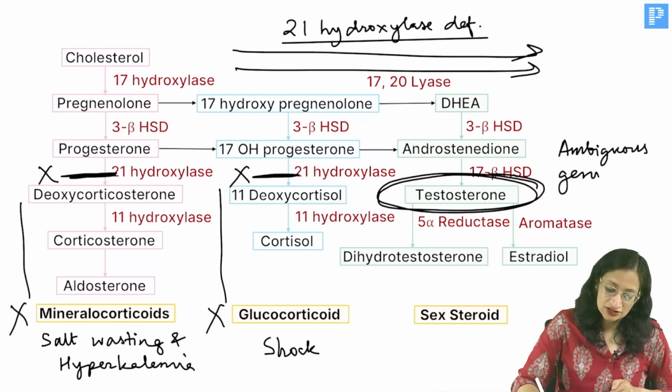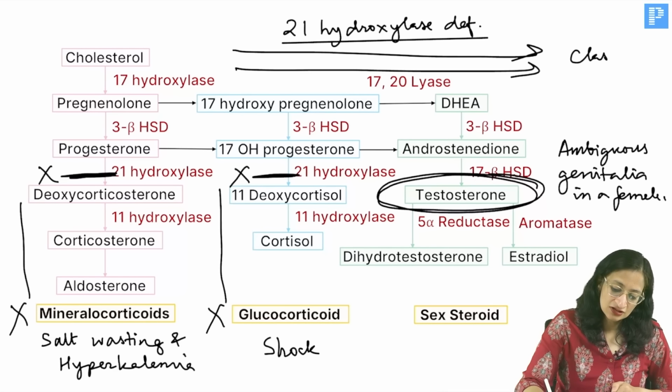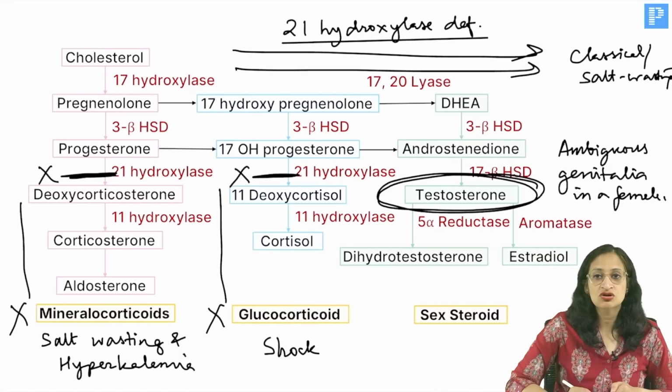So, you're getting ambiguous genitalia in a female and salt wasting and hyperkalemia in the classical or salt wasting type of 21 hydroxylase deficiency, right?